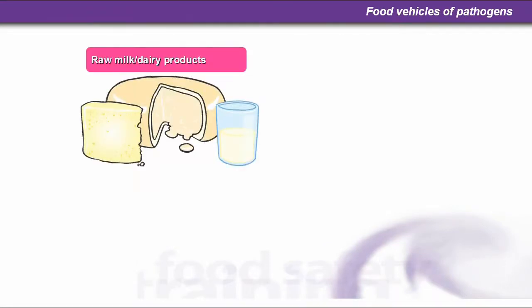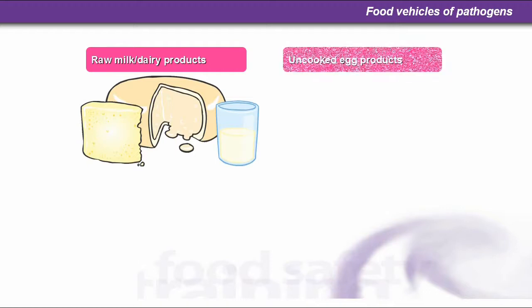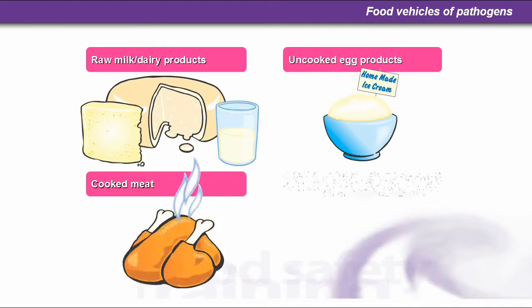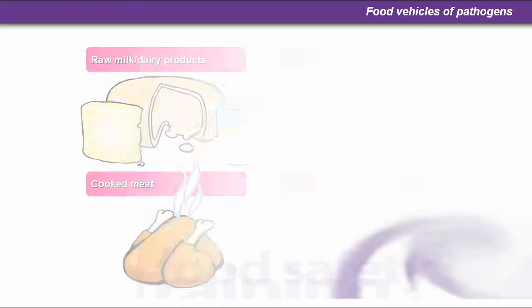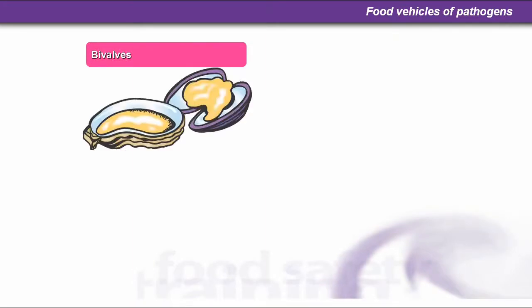So food vehicles are pathogens. They get around through raw milk, dairy products, uncooked egg products, homemade ice cream for example, cooked meat, rice, bivalves, i.e. things like clams and mussels.